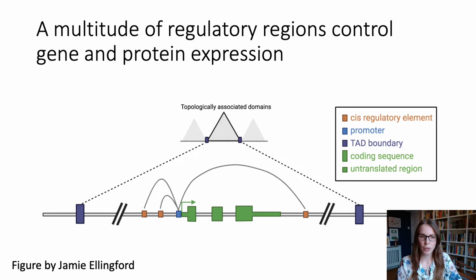We also have a promoter element, shown here in blue, that drives transcription of the DNA into RNA, and further up and downstream we have these cis regulatory elements, enhancers or repressors, shown in orange. These regulatory elements sit inside a regulatory system within a topologically associated domain, or a TAD, flanked by TAD boundaries or insulator elements.